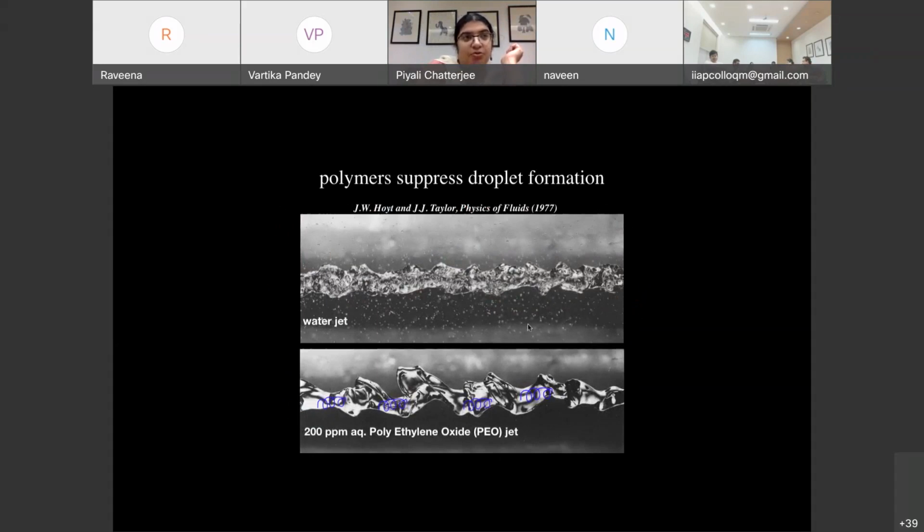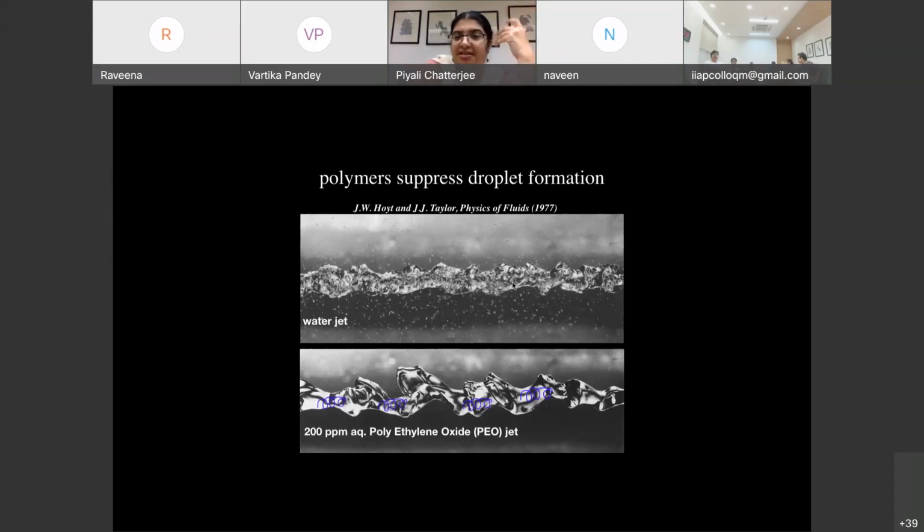And here you see there is so much droplet formation, and it looks really turbulent. Whereas in the picture at the bottom, these people have added a very small amount, 200 parts per million, of a polyethylene oxide polymer to the jet, and that gives a really glassy structure to this same jet.